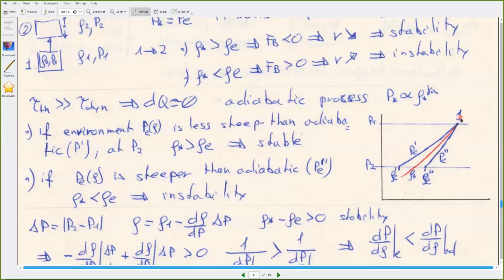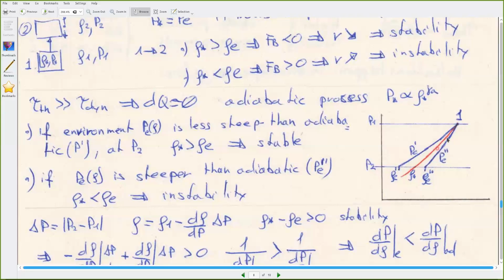We'll have two possibilities for how the environment can vary: one that is less steep than the adiabatic, and one that is steeper than the adiabatic.